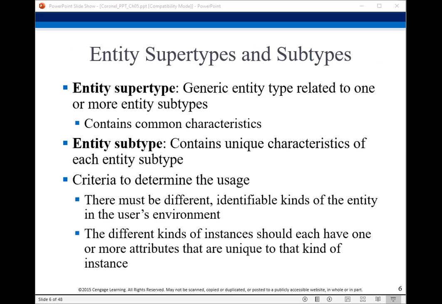But we repeat name, ID, and department for each of those tables. What if we had a supertype person and put the common attributes in it, and then we had 2 subtypes with the unique attributes in each of those? That's the idea behind supertypes and subtypes.